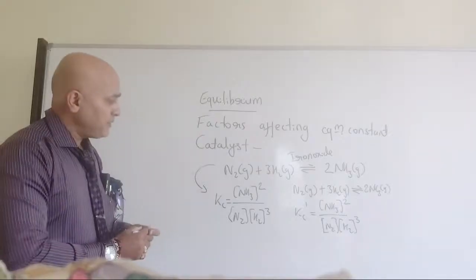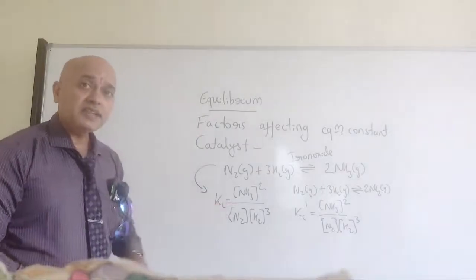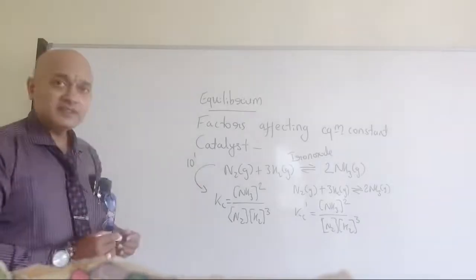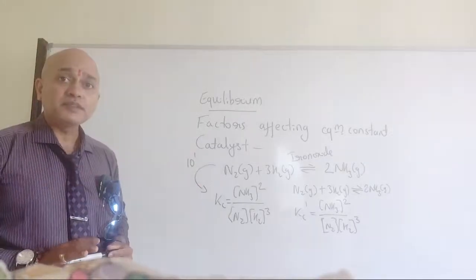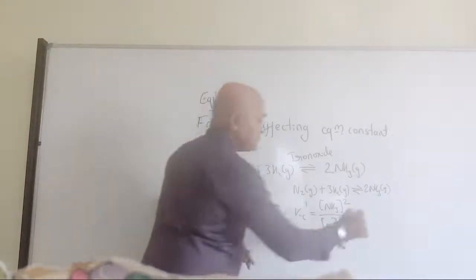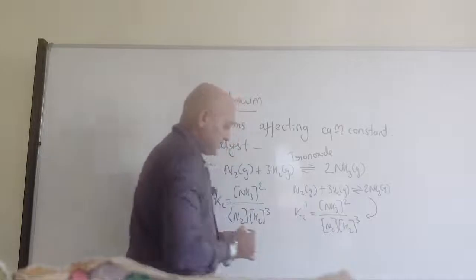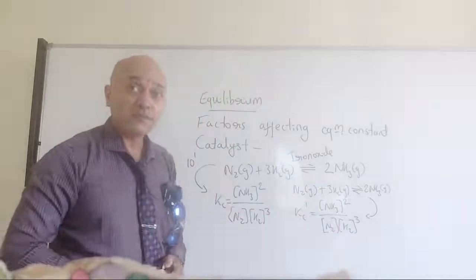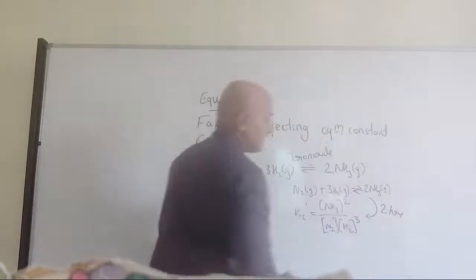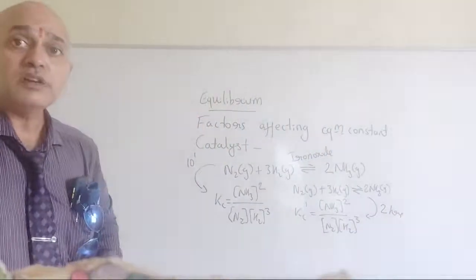It might have taken 10 minutes to attain this equilibrium value. Simply I am giving the time. Now in the second condition, in the absence of the catalyst, the reaction might have reached equilibrium, but it might have taken 2 hours.